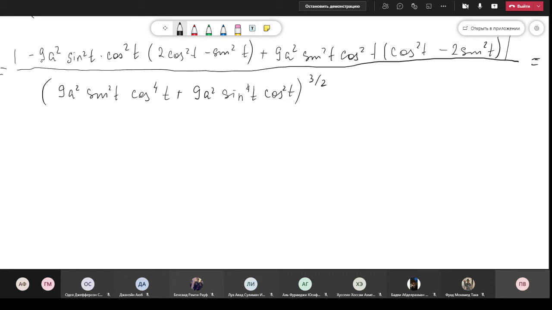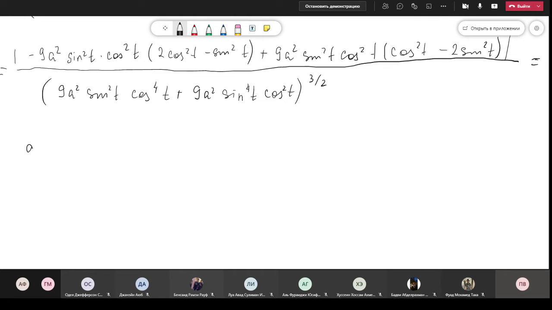Here 9a squared sine squared and cosine squared I can take out, not only the bracket, I can take out the modulus, because 9a squared, sine squared and cosine squared are positive values.